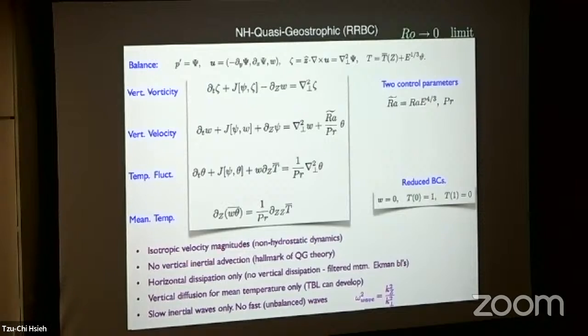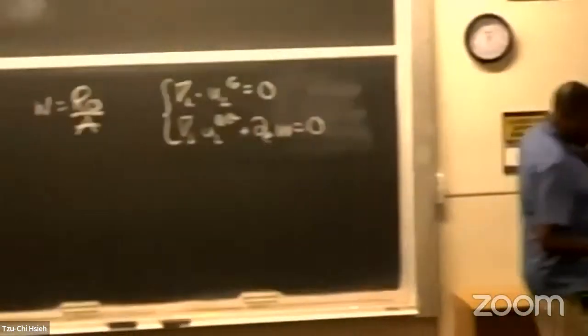I ended last lecture by talking about some of the properties that distinguish it from standard classical stratified QG, and some things are similar. We learned, when we were doing the force balances, that the velocity fields are isotropic. If you recall, when we were doing the QG theory we had two tunable parameters, the Rossby number and the aspect ratio.